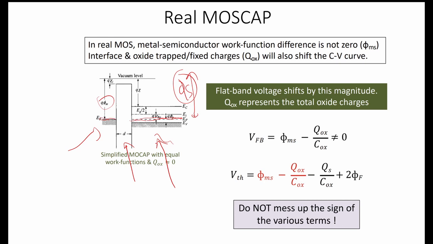This will be equal at the same position. So if the metal work function was higher, okay, phi m is greater than phi s, it will come down, so it will attract the holes to neutralize it, to make it equal.